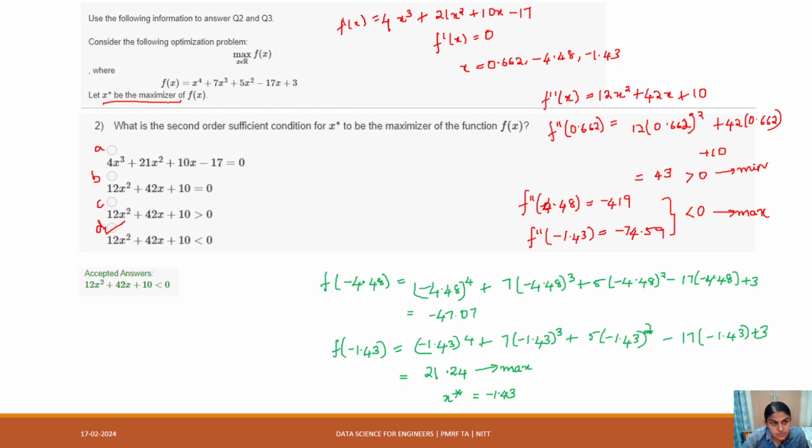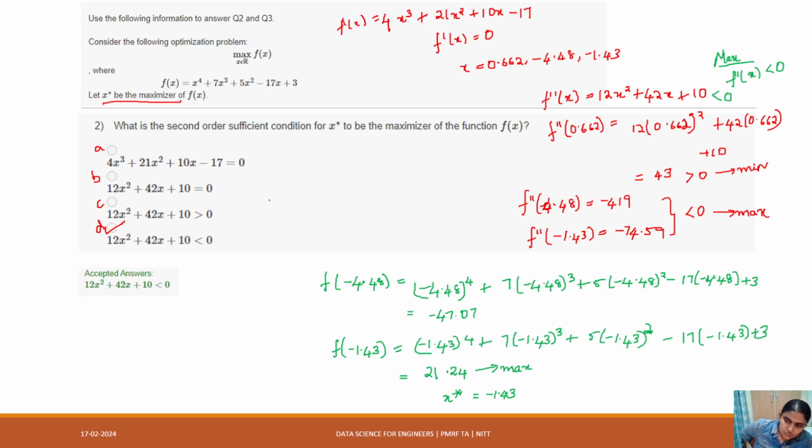So for it to be a maximizer of f of x, I'll just write, maximization means the second order condition should be less than 0. So that's why we have put this one less than 0. Okay, so that is the second order condition.